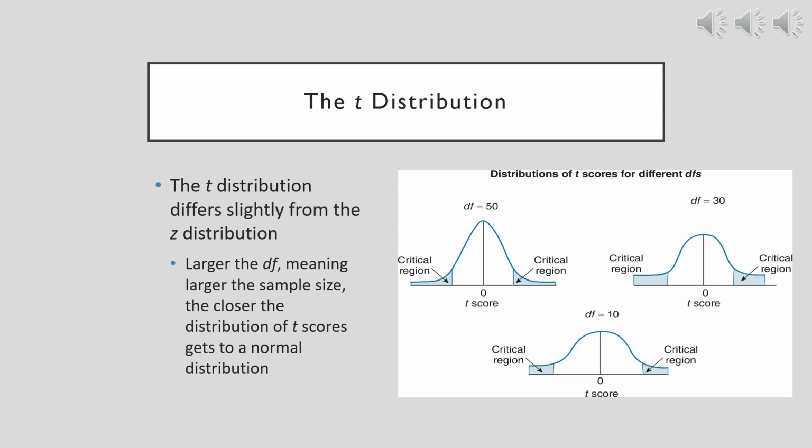With 30, more of the distribution is pulling towards the mean, because there's a higher peak around the mean. And with 50, you've got basically a normal distribution. So the t-distribution is going to look just like the standard normal distribution of z-scores.